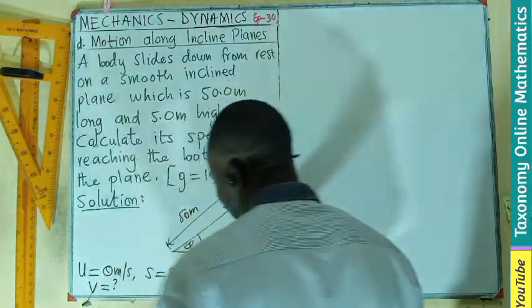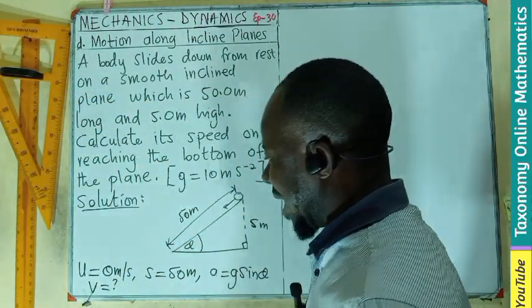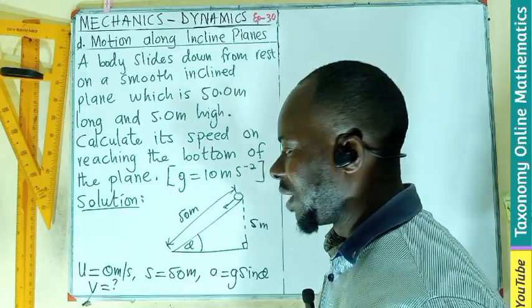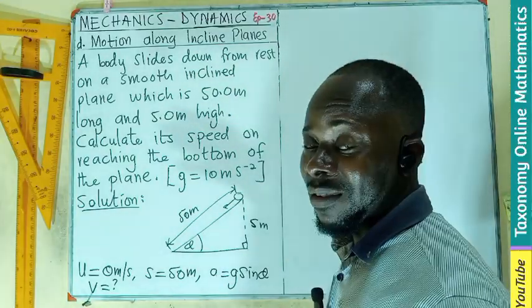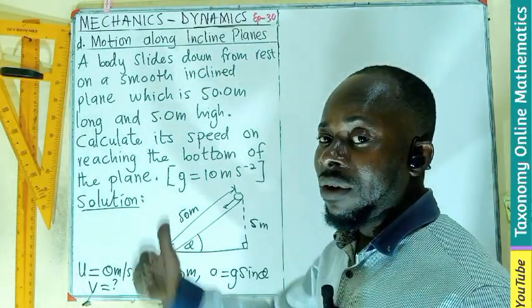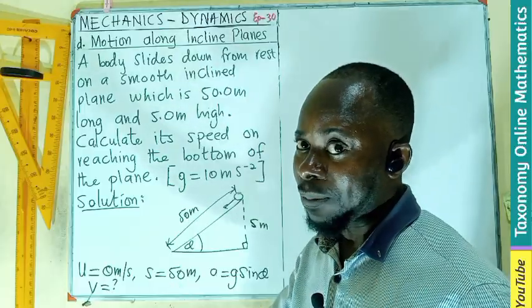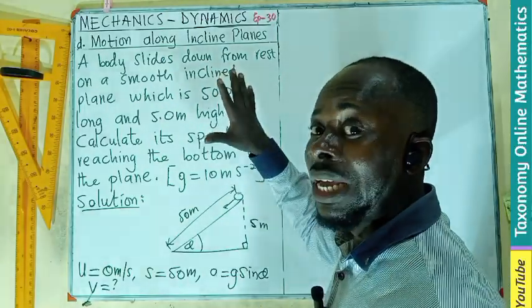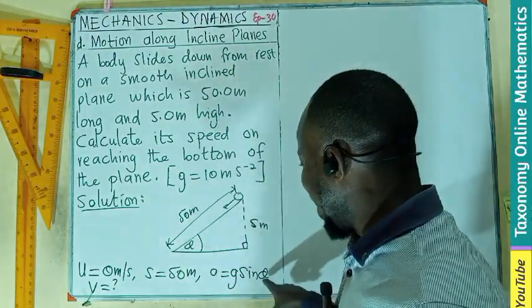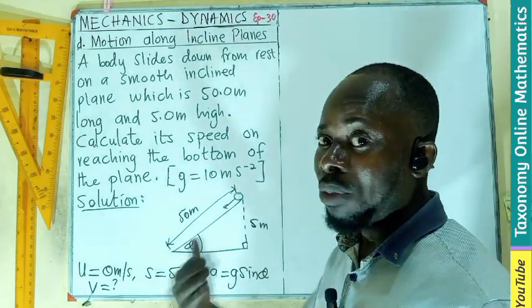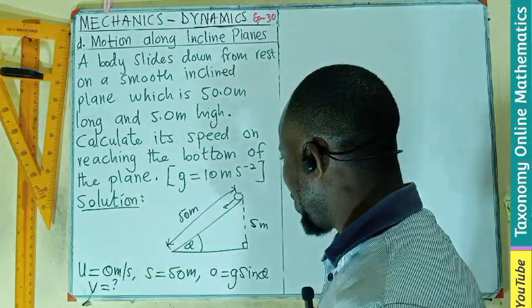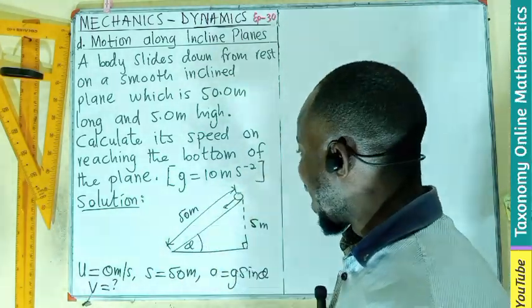Knowing very well that we have final velocity, initial velocity, and distance without time, we will go in for the third equation of motion, with acceleration based on an inclined plane. In that formula, the angle of inclination needs to be determined. So I'm only going to use trigonometry to find that angle.